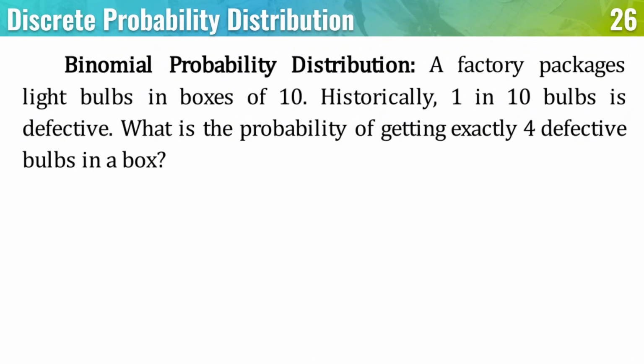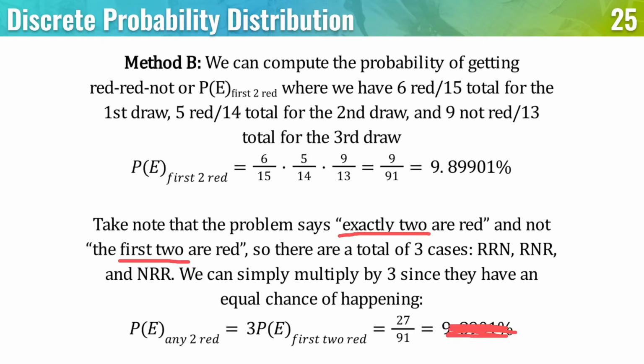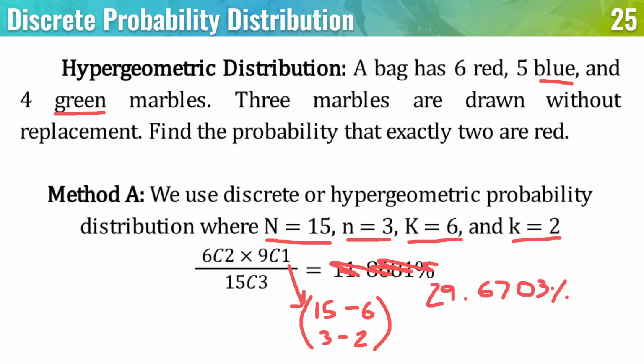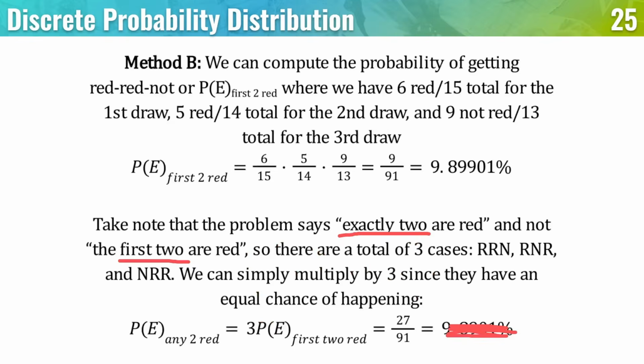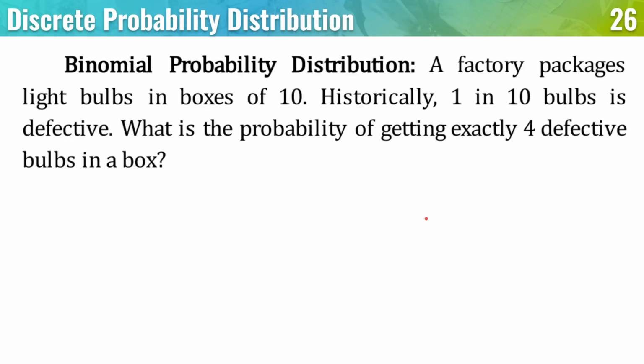Now, you might wonder why we are using binomial probability distribution rather than hypergeometric distribution. Well, the answer is because we don't know exactly how many bulbs or how many orders of bulbs we are getting.